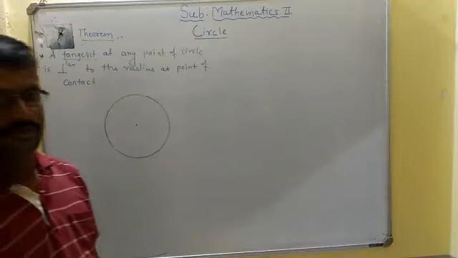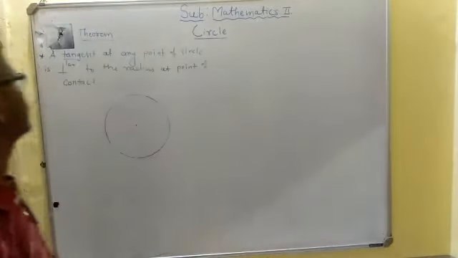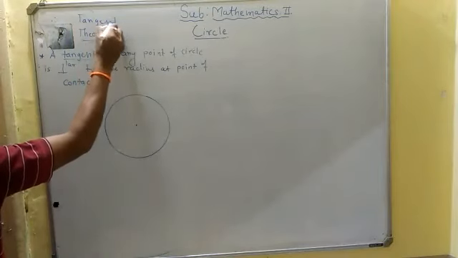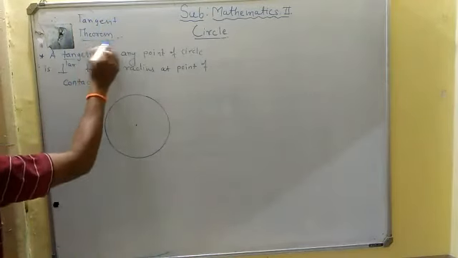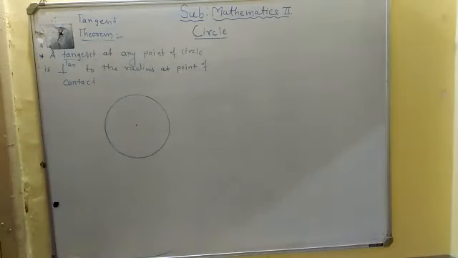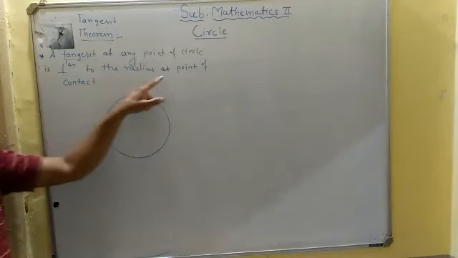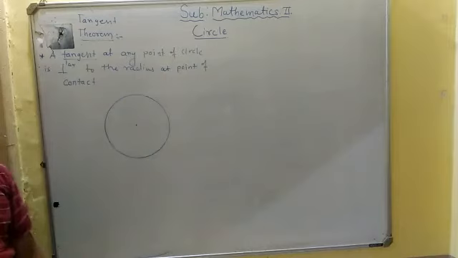Now we are going towards the most important theorem, the tangent theorem. What is the statement of the tangent theorem? The tangent at any point of a circle is perpendicular to the radius at the point of contact.